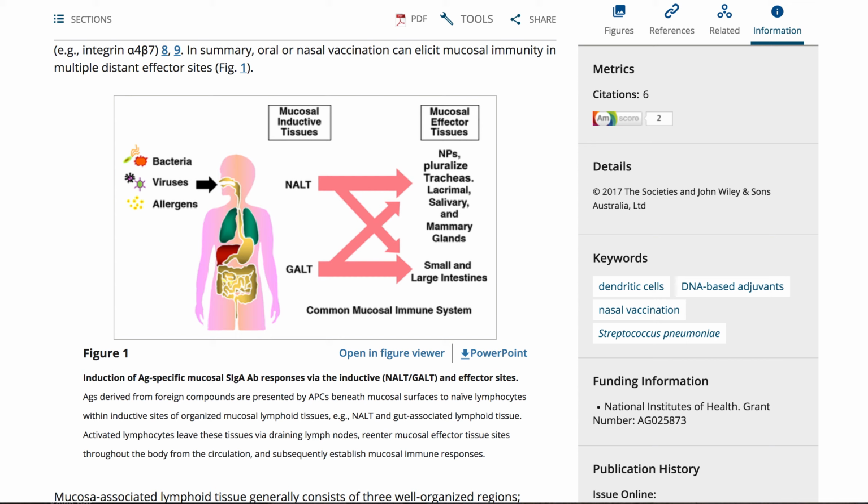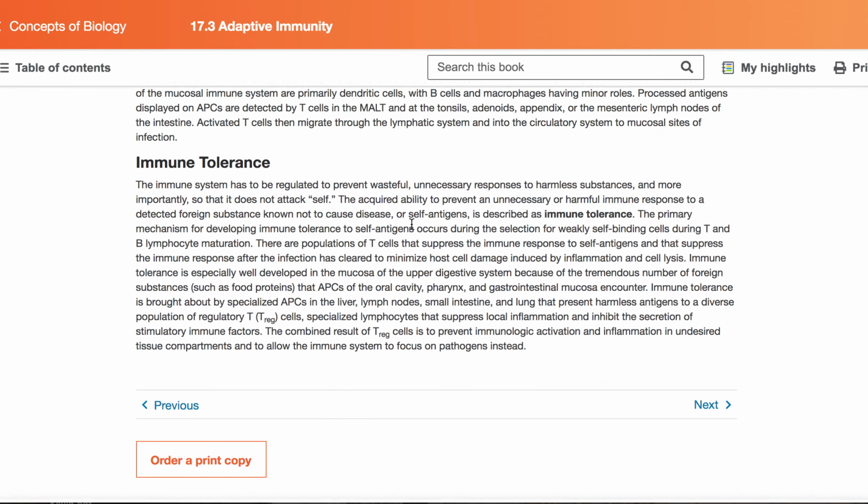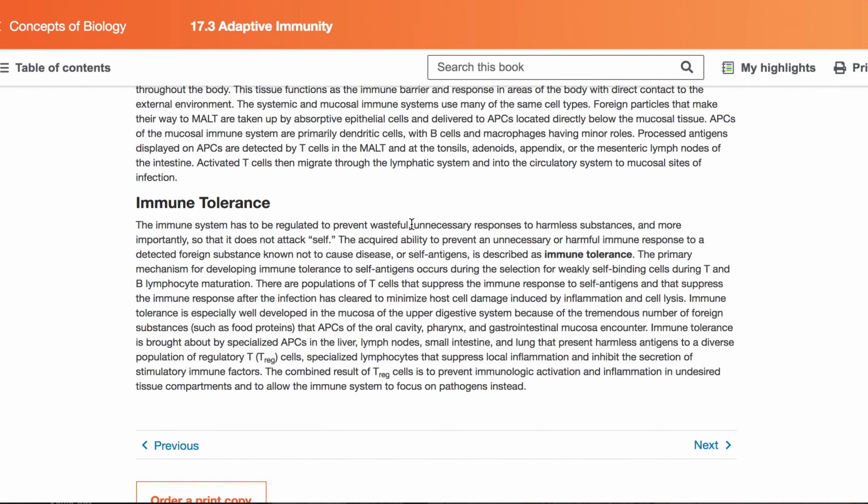The last thing before we end, and it's very short, is immune tolerance, and it's just something to be aware of. Basically, you want a balance of protecting against pathogens versus attacking your own body. Your immune system is very powerful, but it needs to be kept in check.